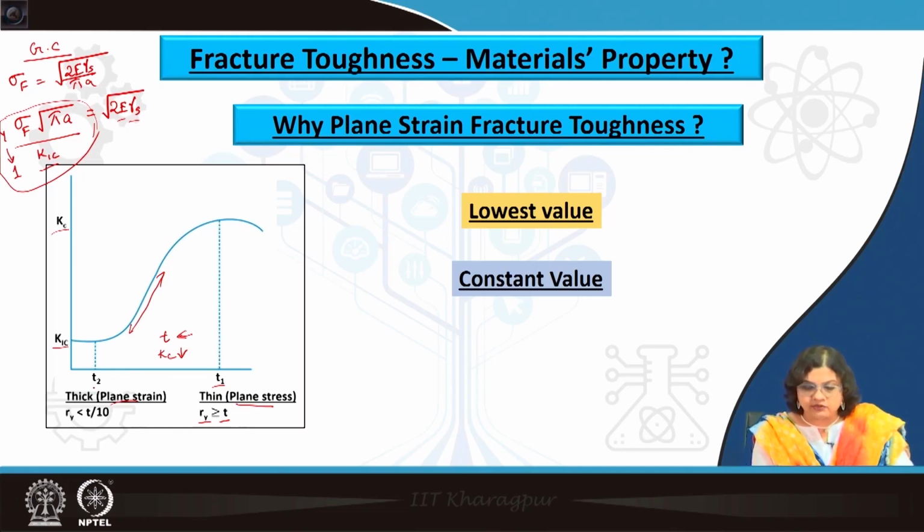Rather, if we achieve a thickness of T2, okay, that is the minimum thickness that is required for plane strain condition to be valid, that is equivalent to Ry equals T by 10. Okay. And if we are having even a thicker component T3, like T3 could be twice the value of T2 or even more, then also this value is constant, it is not changing any further.